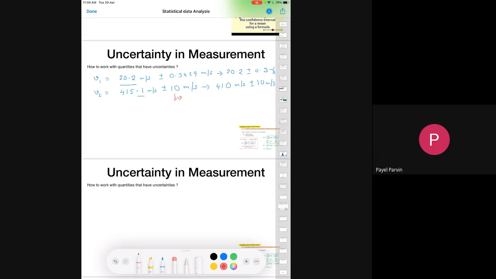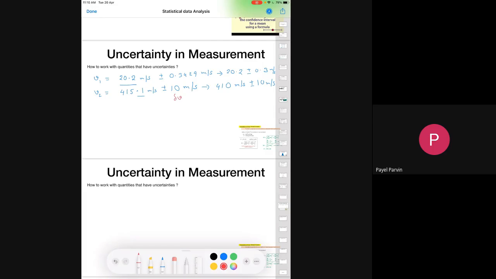However, the error assumes significance only relative to the actual value. So just the magnitude of the error does not reflect how uncertain your measurement is.